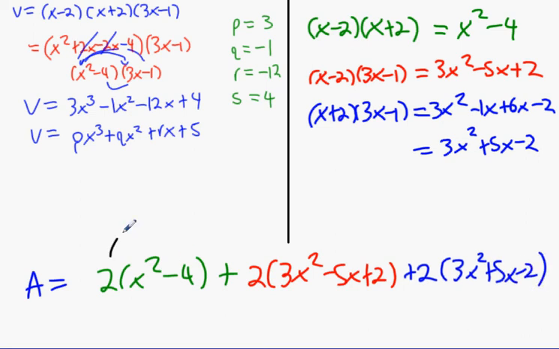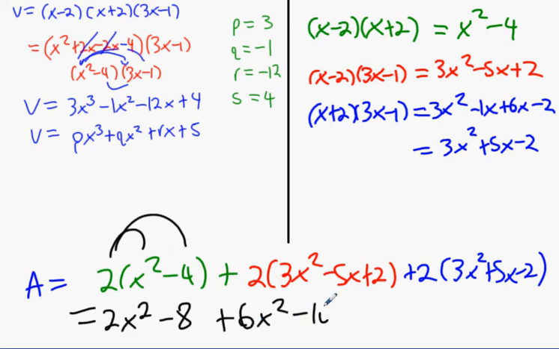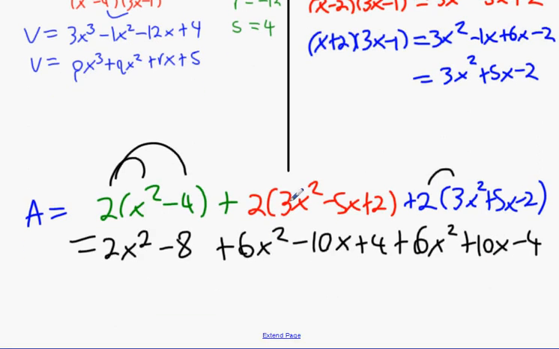And then what happens next? 2x squared minus 8 plus 6x squared minus 10x plus 4 plus 6x squared plus 10x minus 4. What cancels?